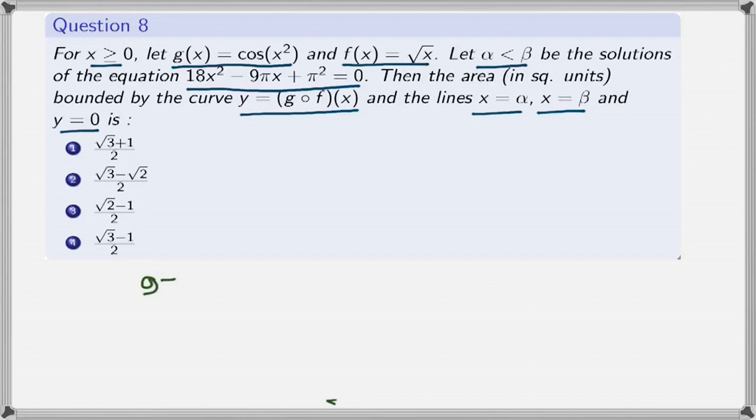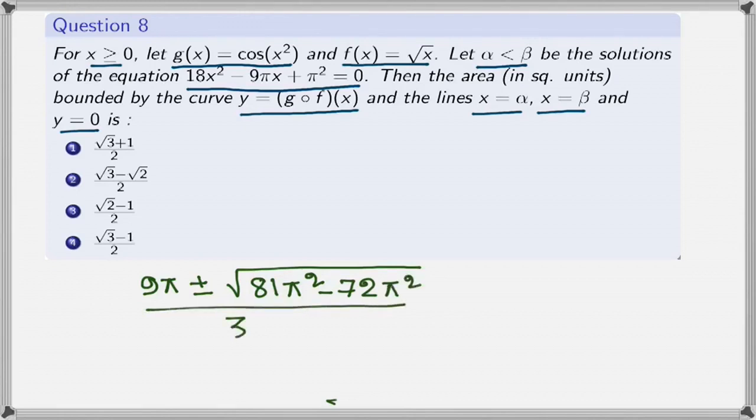9 pi plus minus square root of 81 pi square minus 72 pi square divided by 36. After simplifying, we can write 9 pi plus minus 3 pi divided by 36.